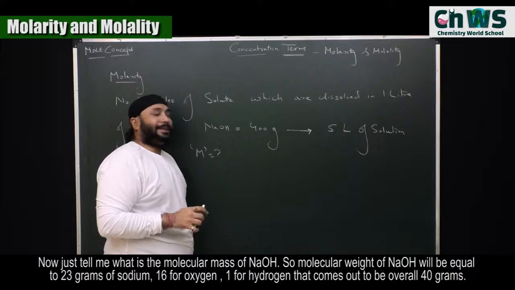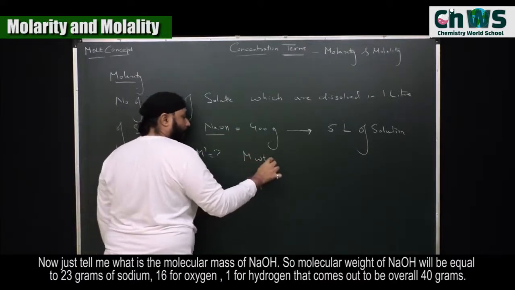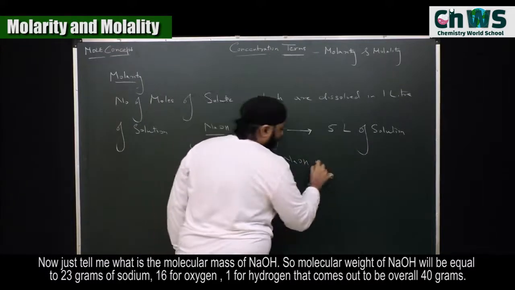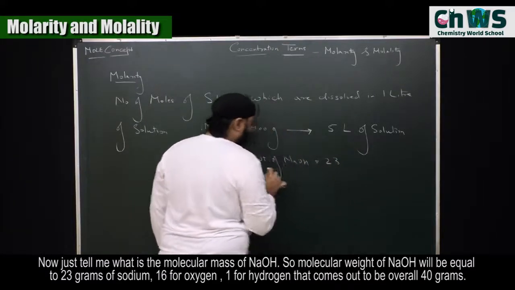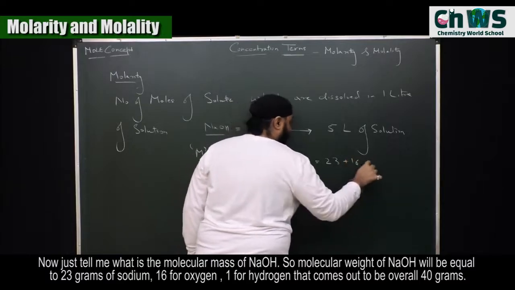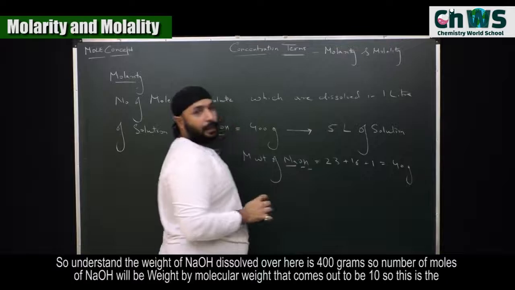Just tell me what is the molecular mass of NaOH. The molecular weight of NaOH will be 23 grams for sodium, 16 for oxygen, 1 for hydrogen. That comes out to be overall 40 grams, right?